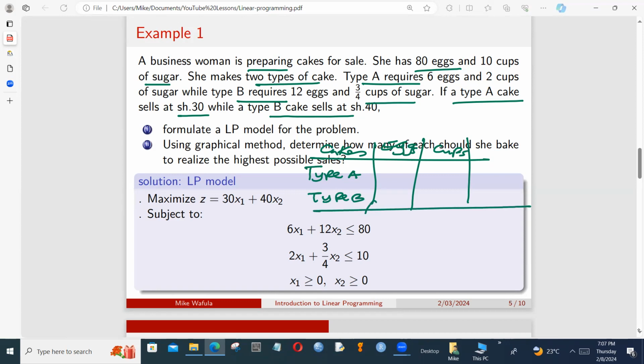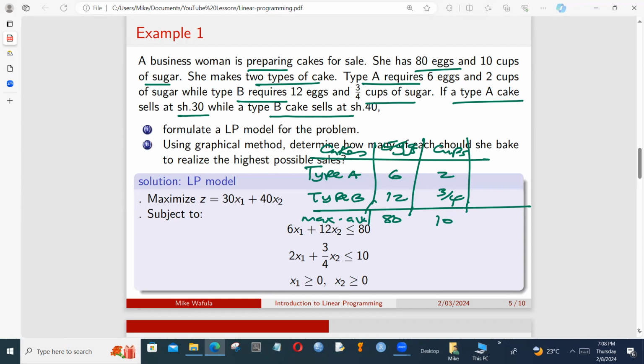So then I have a table of this form where we are talking type A requiring 6 eggs and 2 cups, and type B requiring 12 and 3/4. But then we have what is available to use. There are only 8 eggs available, and there are 10 cups of sugar available.